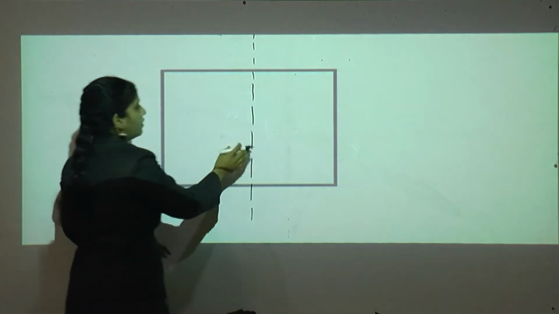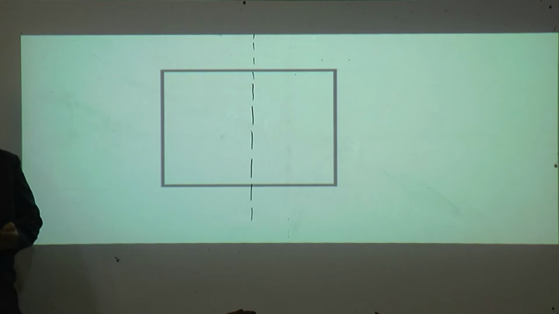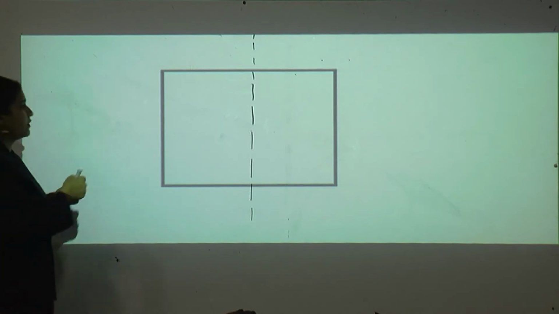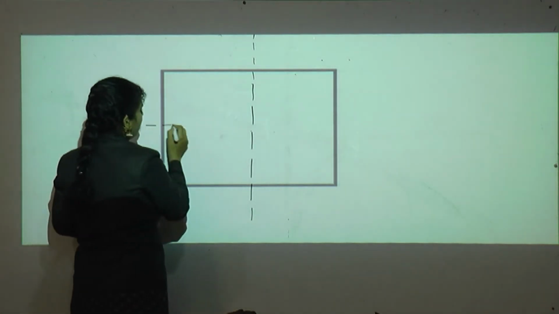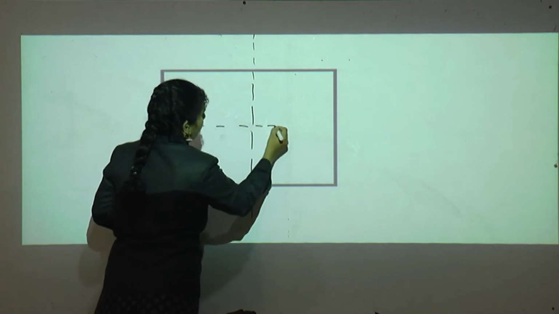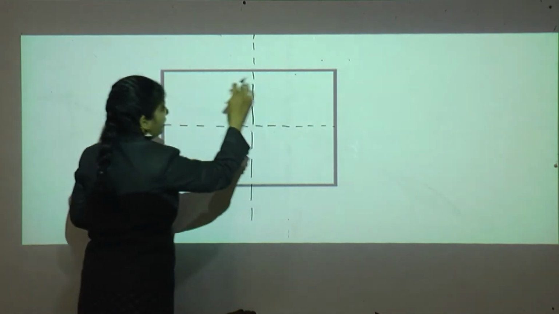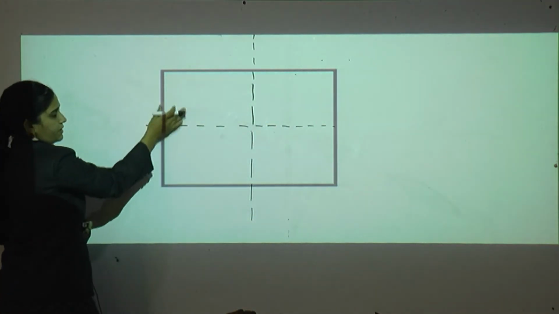So if you fold this figure, you will get two exactly equal parts. Even if I draw a horizontal axis of symmetry, then also you will get two equal parts.